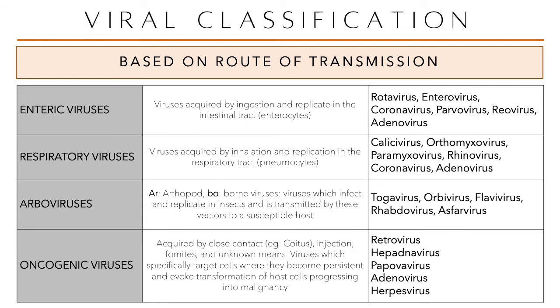Lastly, oncogenic viruses, which actually cause changes in the machinery of the cells. They target specific cells, wherein they stay there, they transform the function of the cells, which could progress to malignancy, and these are usually the ones causing growths and cancers and such.